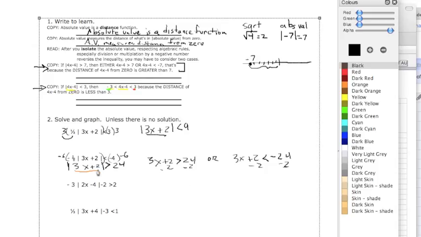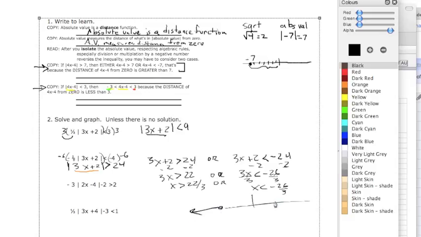Now, we did a second ago, but subtracting 2 doesn't. 3x is greater than 22, or x is greater than 22 thirds, or 3x is less than negative 26. So x is less than negative 26 thirds. And again, this would look like an interval out here, open dot over here, open dot over here, and in the middle 0.